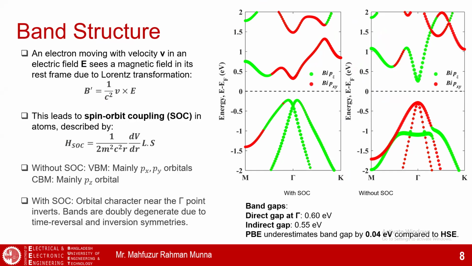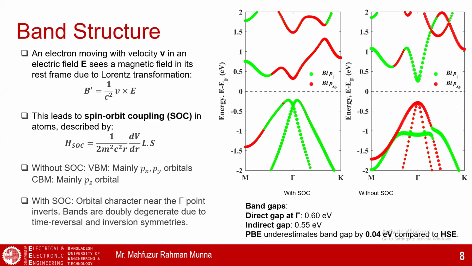As you can see, this is the band structure for bismuth (111) with spin-orbit coupling. With spin-orbit coupling, the conduction band minimum is predominantly composed of the bismuth pxy orbitals, whereas the valence band maximum is predominantly composed of the bismuth pz orbital.